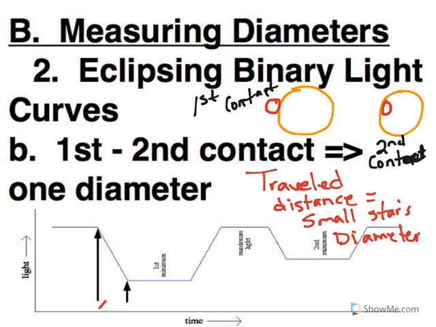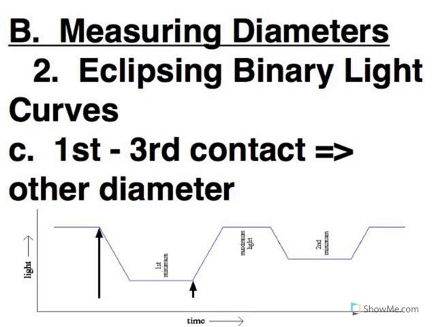So if we measure this time, that's going to tell us how big that small star is. Similarly, for our big star, we can go from first contact to the position called third contact.